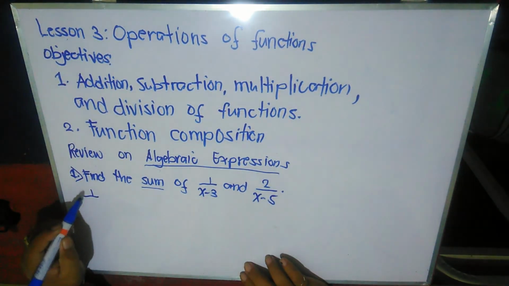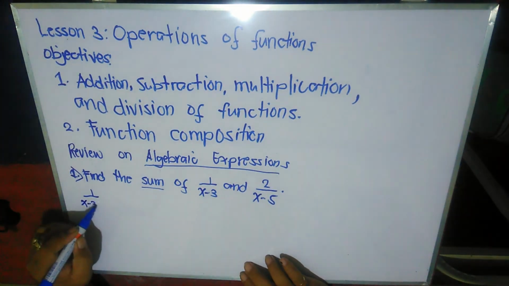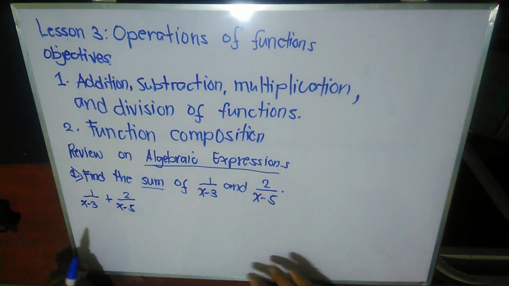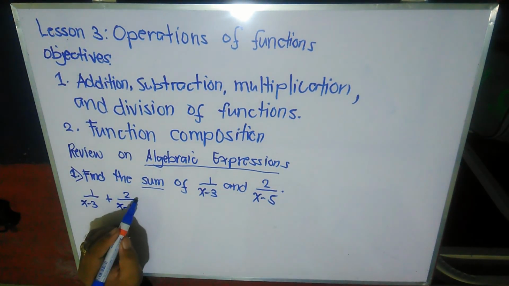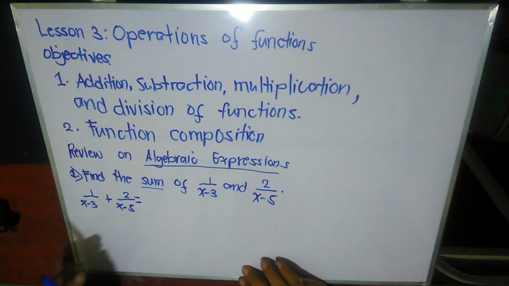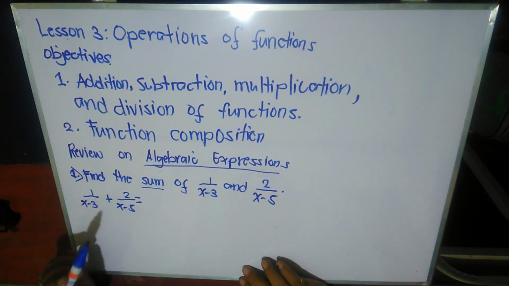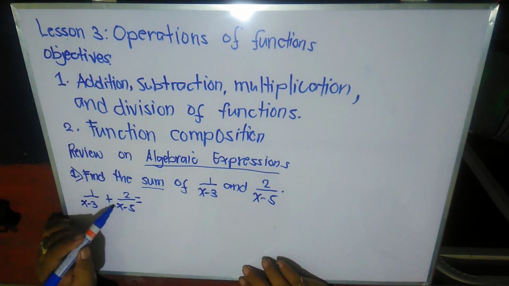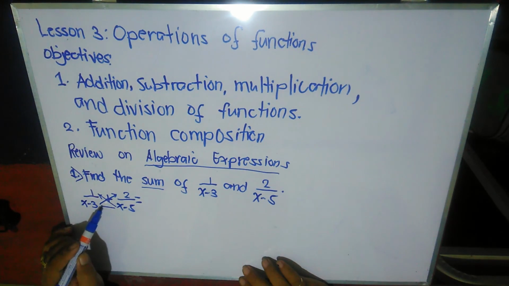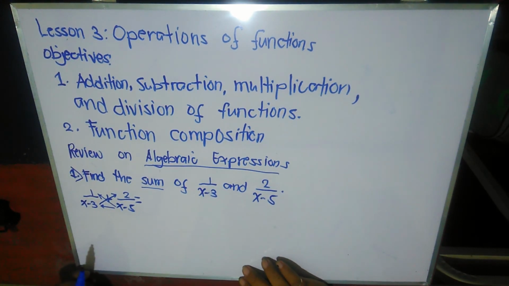So 1 over x minus 3 plus 2 over x minus 5. Since the given are two ratios, in this case you can apply cross multiplication and also multiply all the denominators.